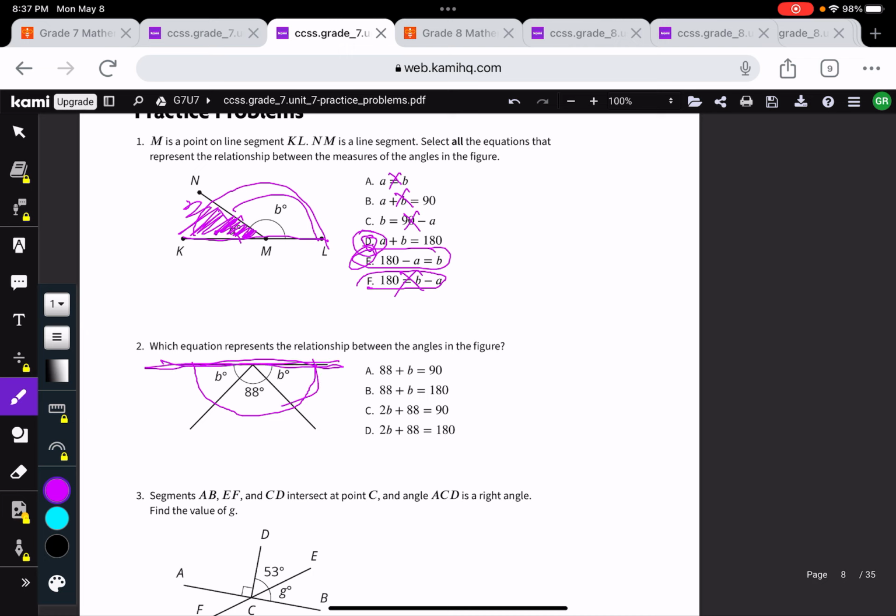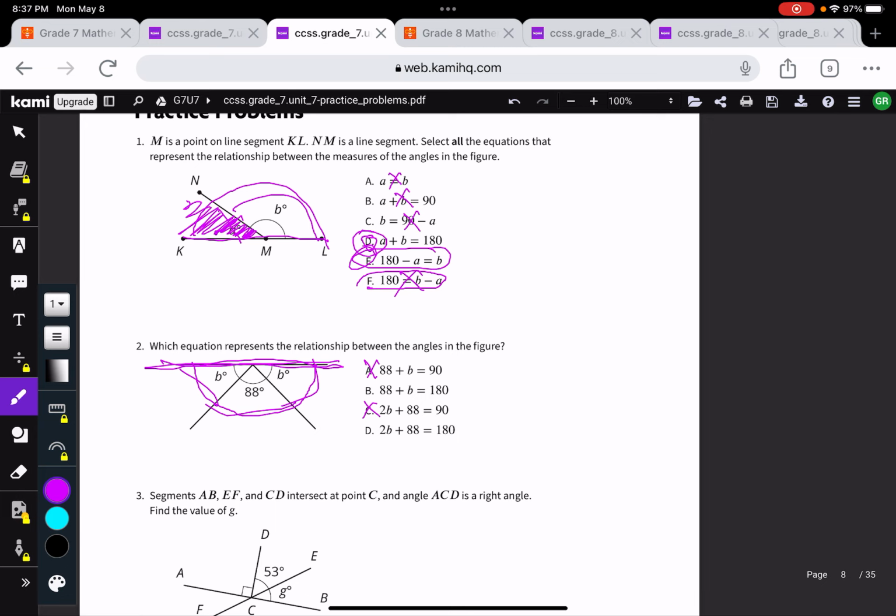So I know that B plus 88 plus B, or that's 2 B's, is all going to equal 180. Not going to equal 90, so we're not going to say C. I'm not going to say A, because we're not talking 90s. Maybe it could be 90 for all I know once I do some figuring out, because technically we have enough information to find out what B is, believe it or not, since B is the exact same thing.